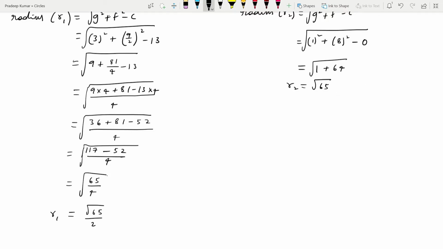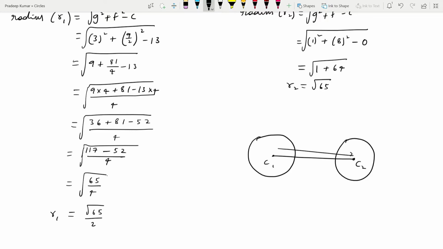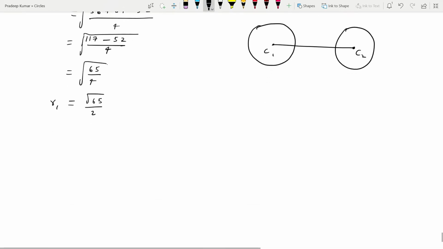So now we will even find out the distance between the centers of both circles. So if this is circle 1 and circle 2, we are finding out the distance between the first center and the second center. To find that, we already have the center 1 and center 2 values which we got above. So we'll just use the distance between 2 points formula.